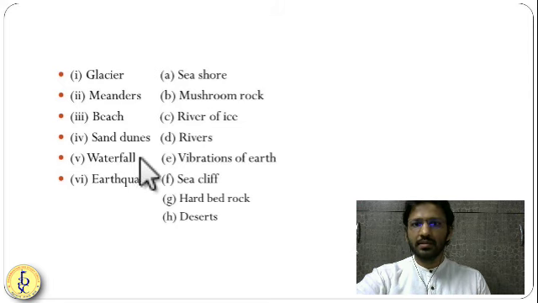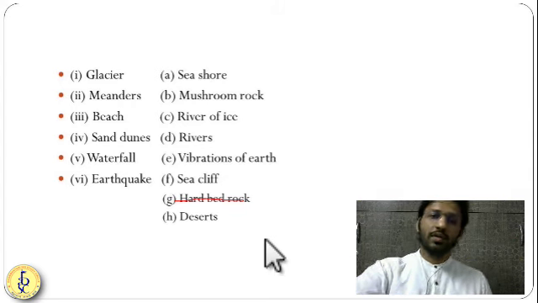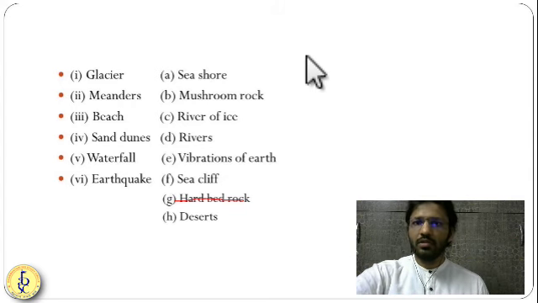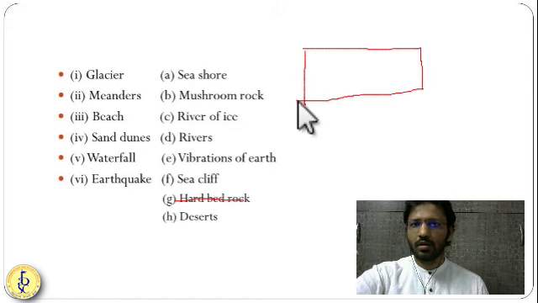Waterfalls: yes, a waterfall forms because of hard bedrock. So for example, you have this type of rock. So this is a hard bed of rock, and this is a soft bed of rock.